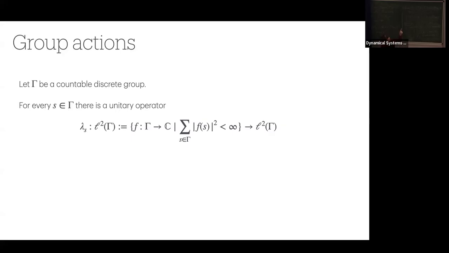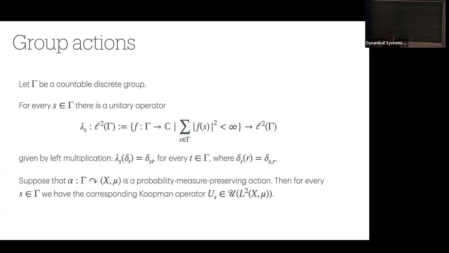We already saw this earlier; this is just going to be the left regular representation. And if we have a probability measure preserving action of Gamma on a measure space, then for every s, we also have the corresponding Koopman operator, which is unitary on L2(X, mu).